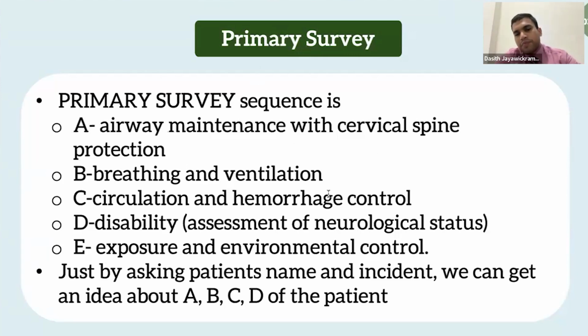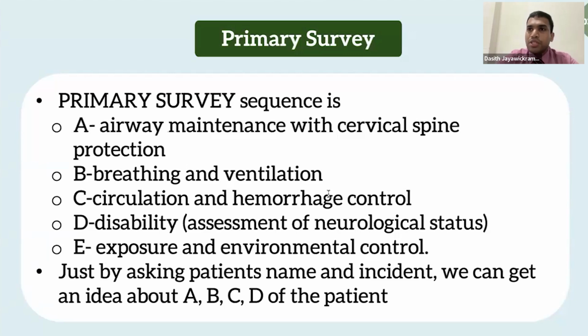So in the primary survey, we start by asking the patient's name. We tap the patient and ask, "Hello, mister, how are you? Are you all right?" If the patient can speak, that gives us a lot of assurance. It means his airway is patent, he can generate breath and he can exhale, so he can breathe.